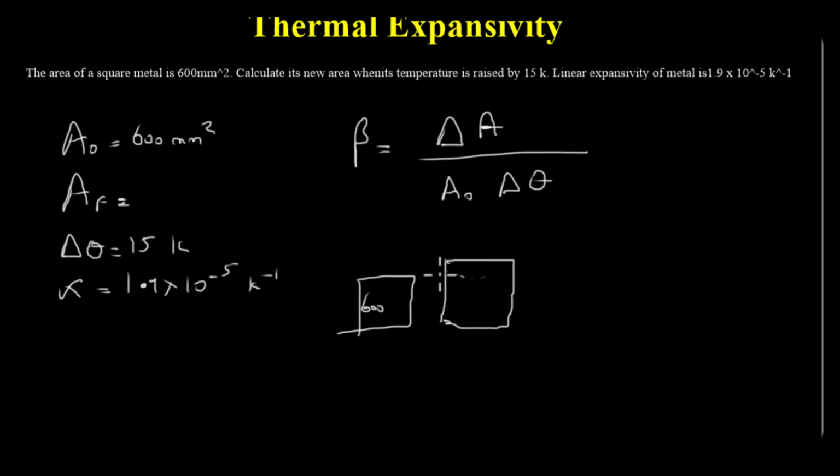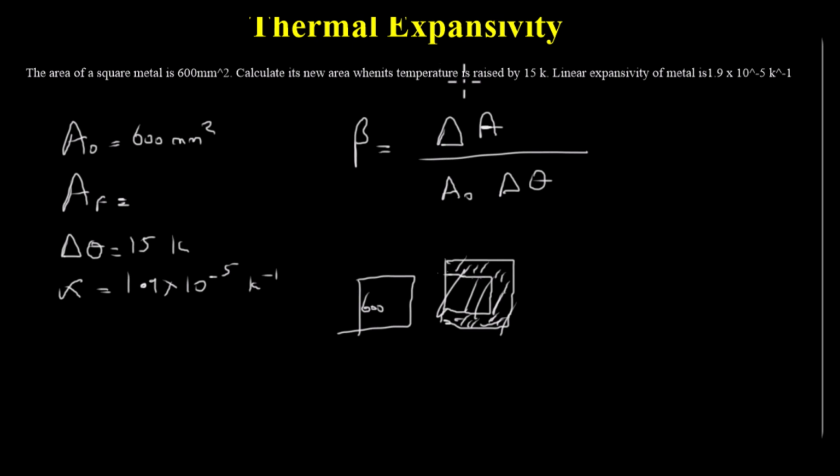But remember, the length increases, the breadth increases. So this is the new area, and this shaded part here is simply my change in area. But for me to get the new area, that is the total area, I have to add this change in area to the original area.